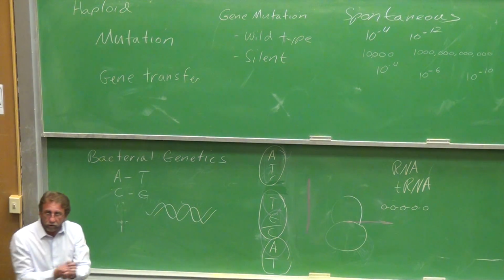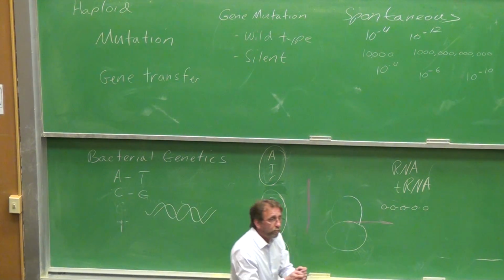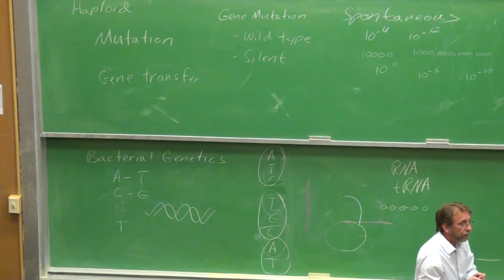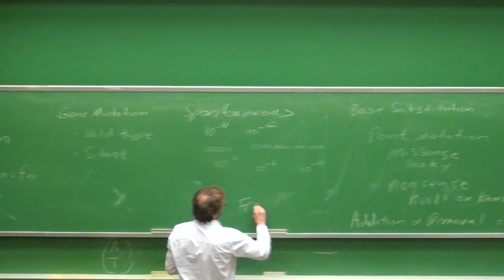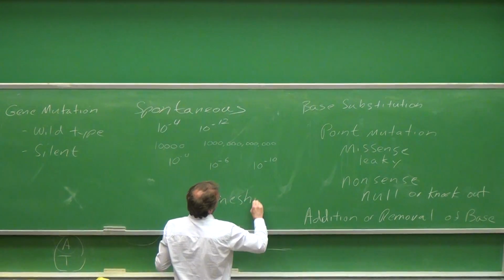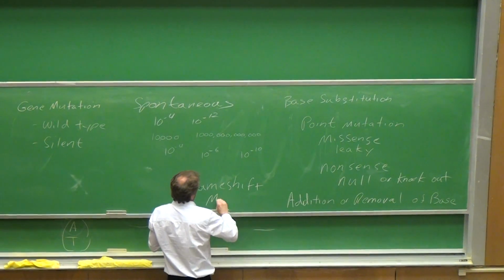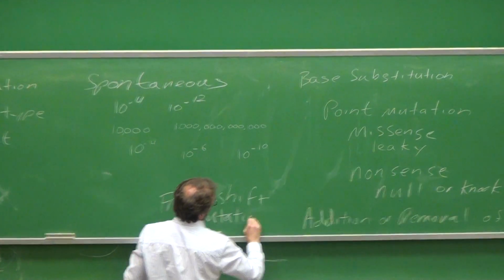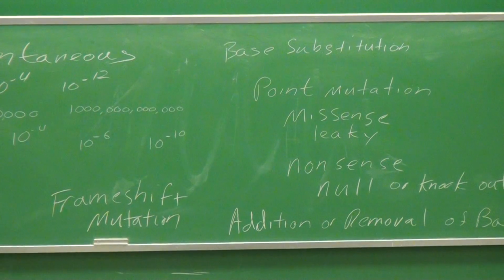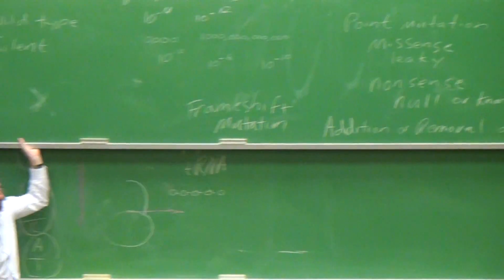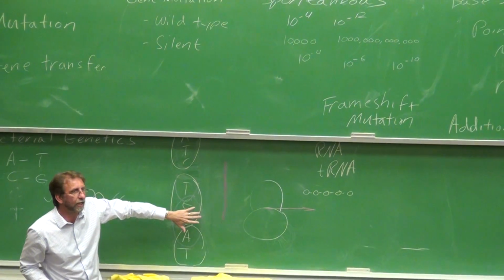An addition of a nucleotide to the sequence or the removal of a nucleotide from a sequence causes a frame shift mutation. The whole frame, the whole sequence shifts when you add or remove a nucleotide.